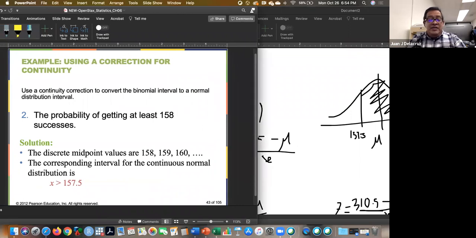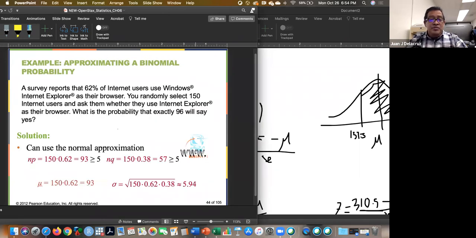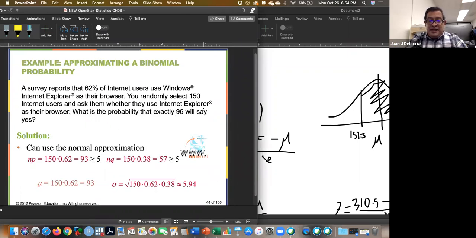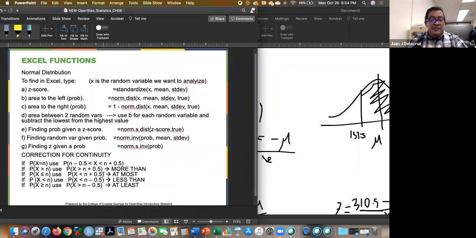So we are correcting for continuity, and we are going to use 157.5. So we are going to do this example, but that example is basically this one, when you have to find the exact value of a random variable.